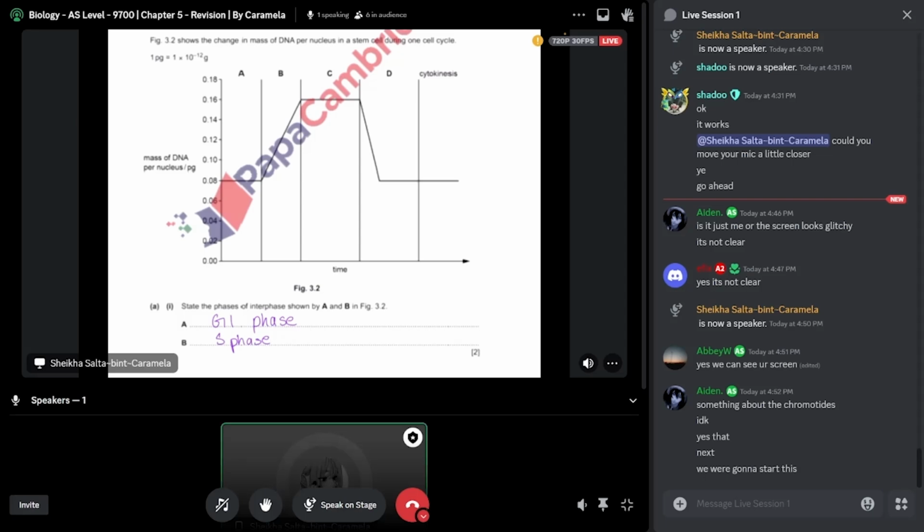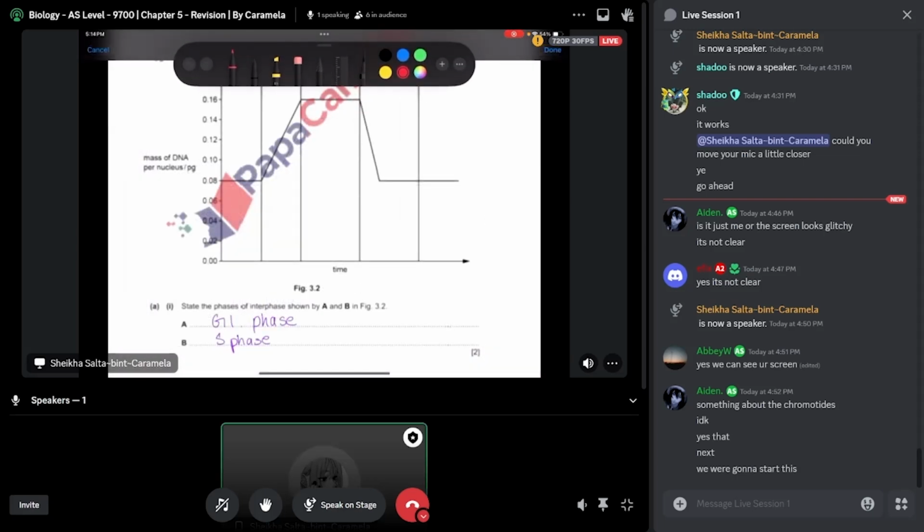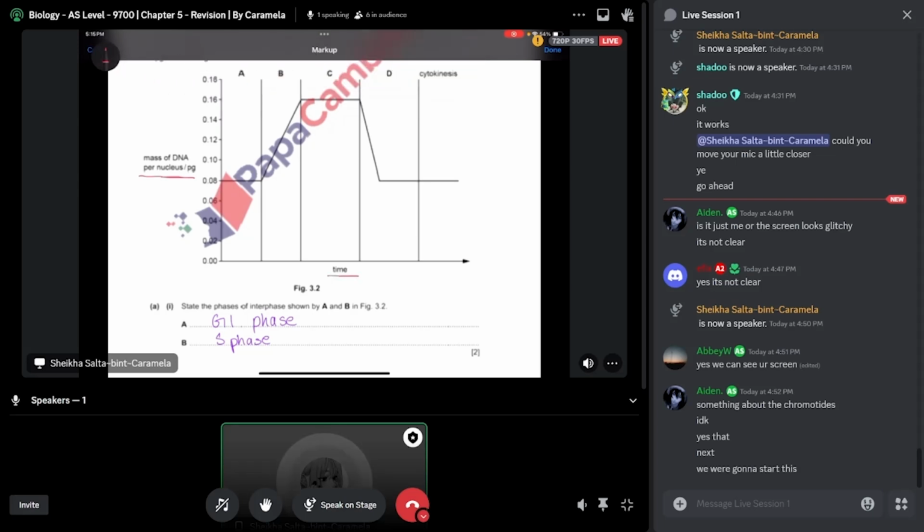This graph shows mass of DNA per nucleus on the y-axis, and on the x-axis, time is given. The graph is divided into A, B, C, and D, and then finally cytokinesis is mentioned. There are different masses labeled as time progresses, and it asks us to state the phases of interphase shown by A and B.